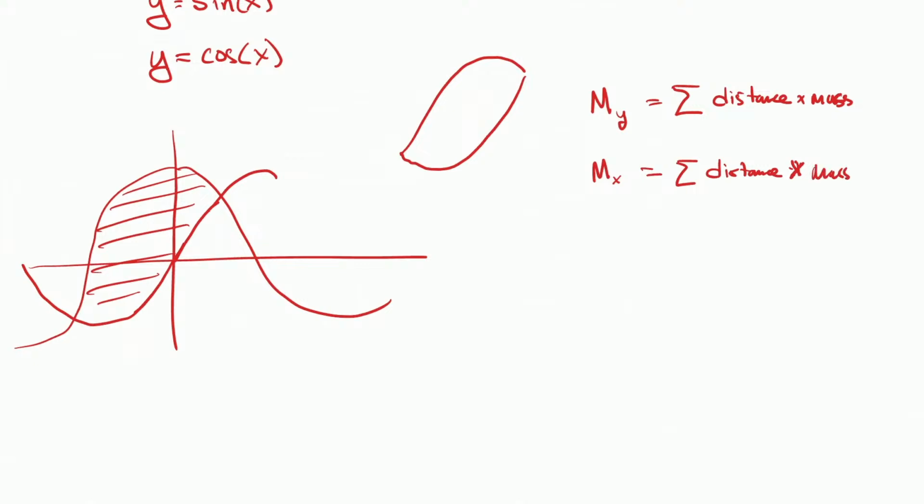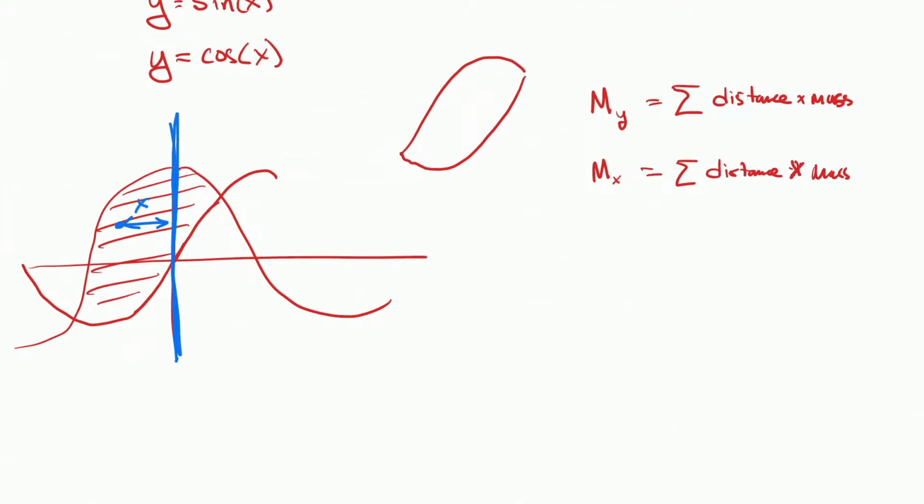Now here's the tricky thing about this. If we're doing the moment about the y-axis, I'm measuring the distance from the y-axis. That's terrible. There's the y-axis. So how do I measure distance from the y-axis? What letter do you use? Yes, that's x.